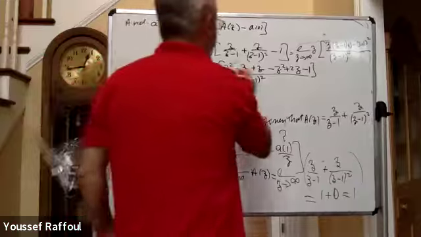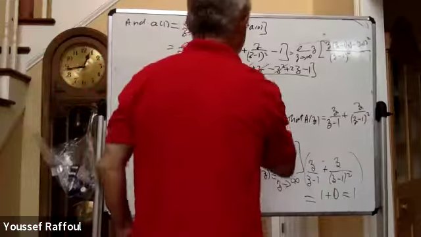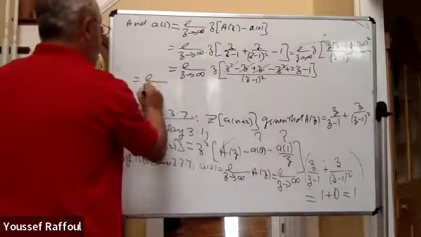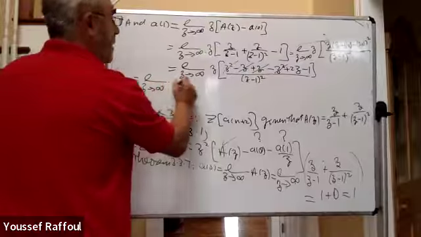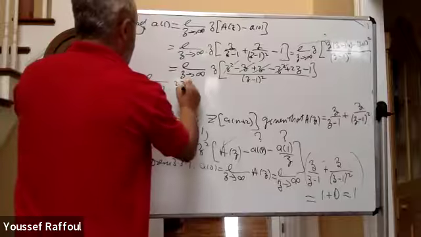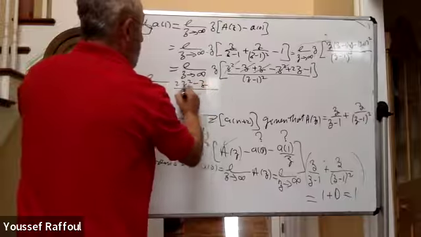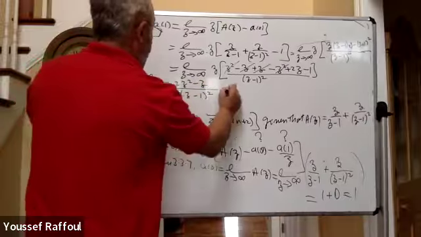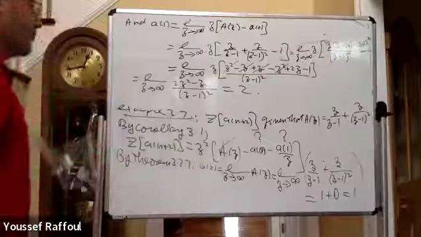Okay, so this goes away, this goes away. So we have the limit as z approaches infinity of (2z squared minus z) over (z minus 1) squared, and that is 2. Okay?